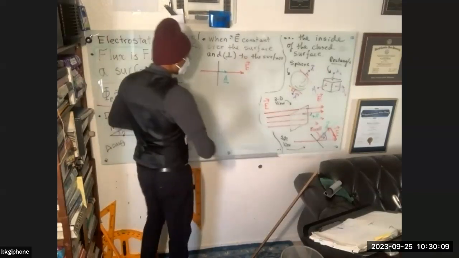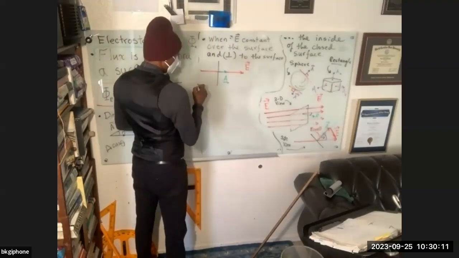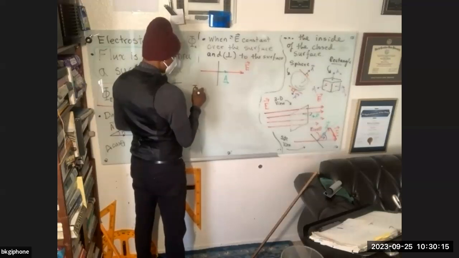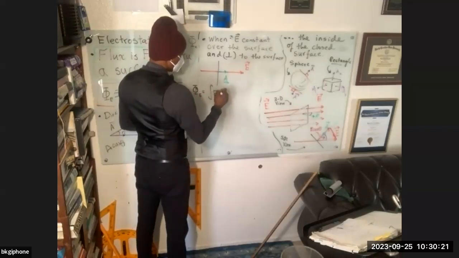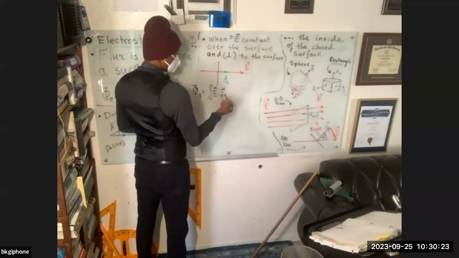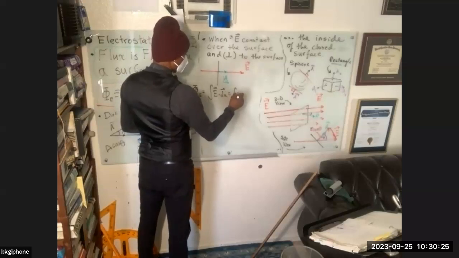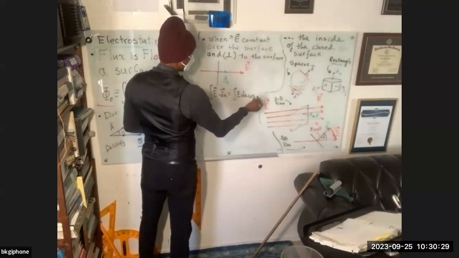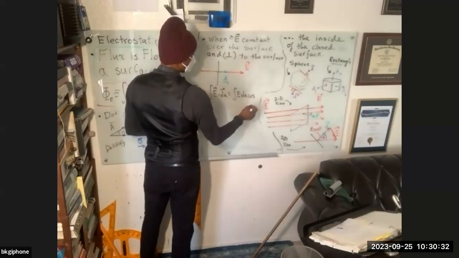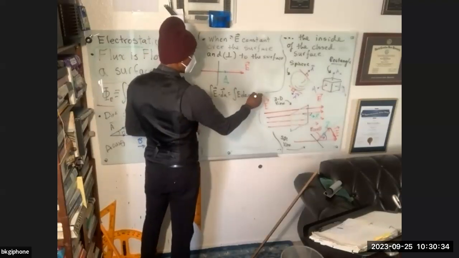And so in that simplest case, flux equals the integral of E dot dA. That becomes the integral of E dA times the cosine of theta, but theta is 0 degrees because E and A are parallel.